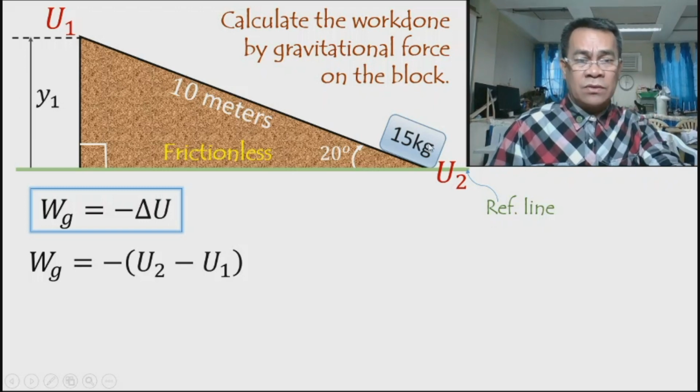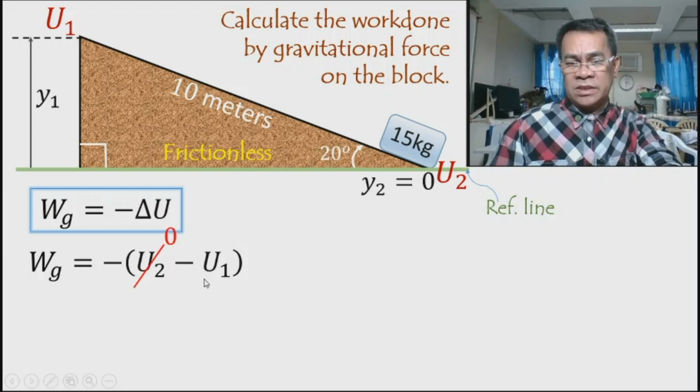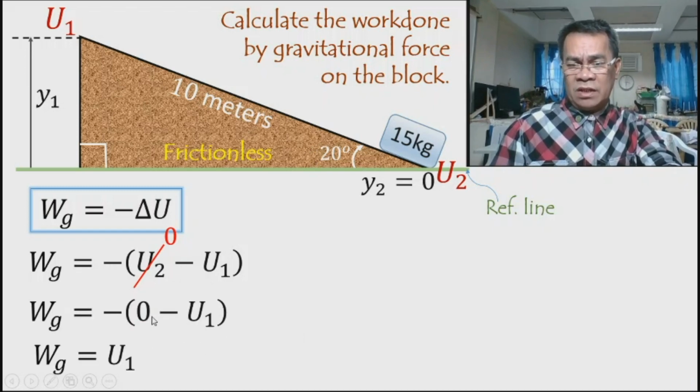Now, what is y2? Y2 is 0. So if y2 is 0, then it follows that the final, remember this is the final, U2 must be 0 also. So what we have now is this U1. But take note, minus, and this is minus. So if you do it, okay, this is 0, so this will leave us a positive value U1.